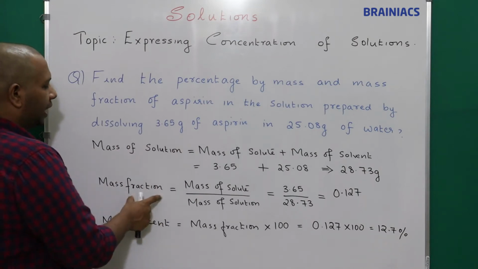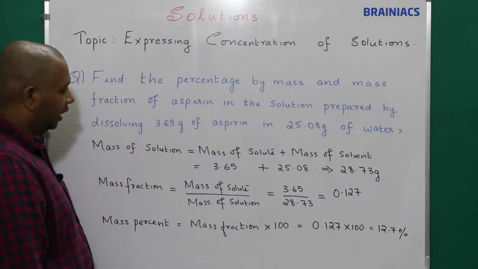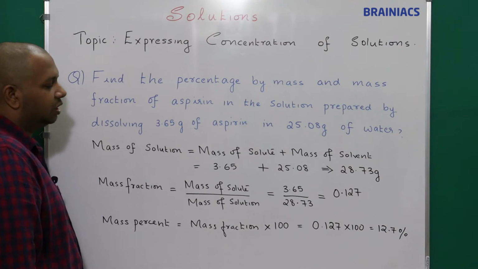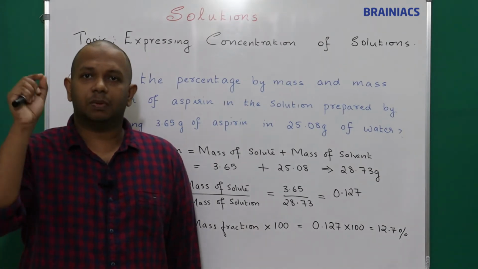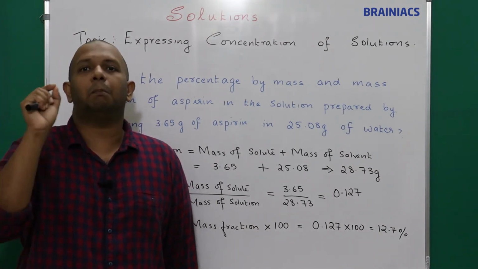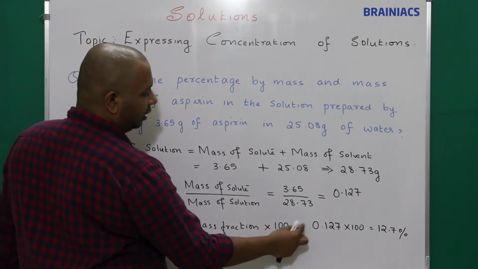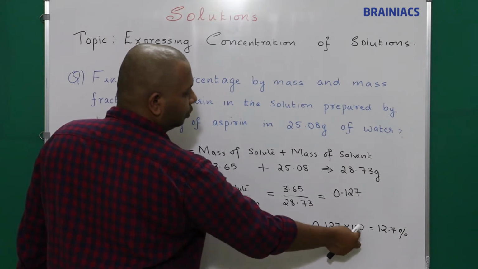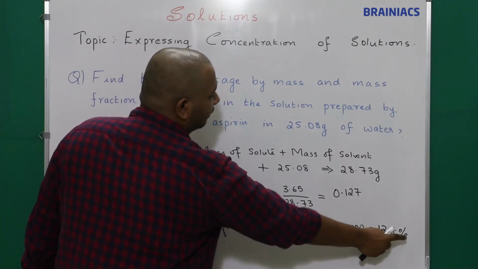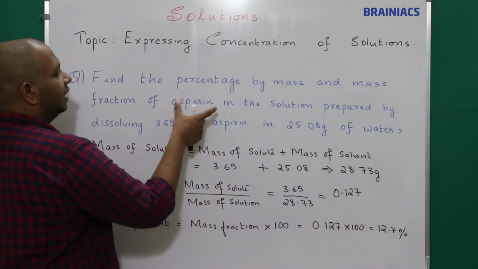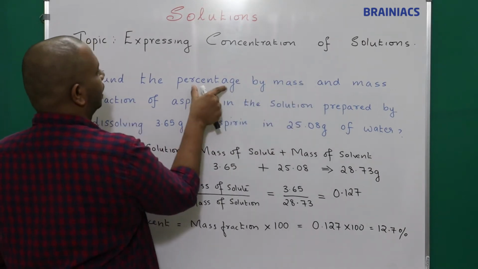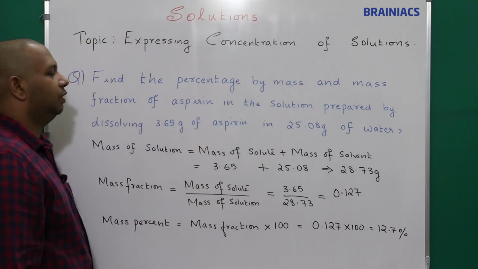Now you have calculated the mass fraction. So how to get the mass percentage? Mass fraction multiplied by 100 gives the mass percentage. So 0.127 into 100 will give you 12.7 percentage. That is the mass percentage, and the mass fraction we have calculated.